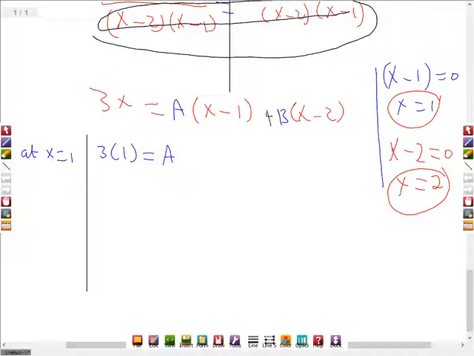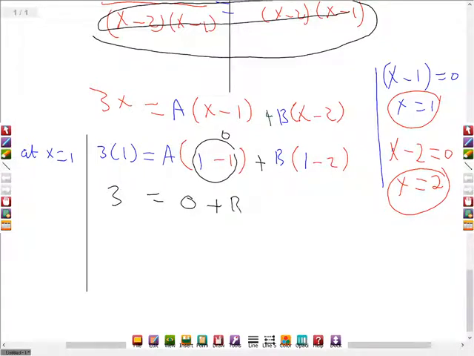On the right, I'm just replacing values: A times 1 minus 1 is 0, times 0 is 0, plus B times 1 minus 2, which is negative 1.